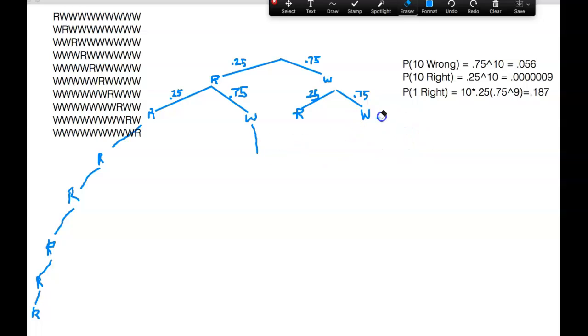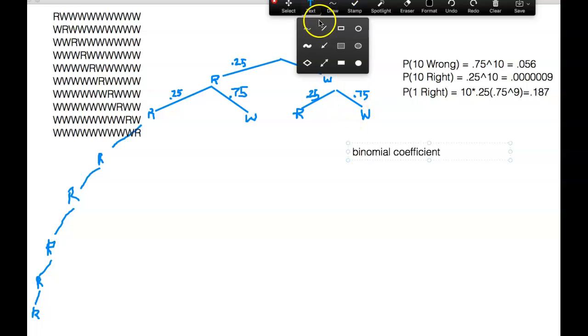We're just going to make room here. So for the binomial coefficient, new notation. Okay, everything's going to be new today.